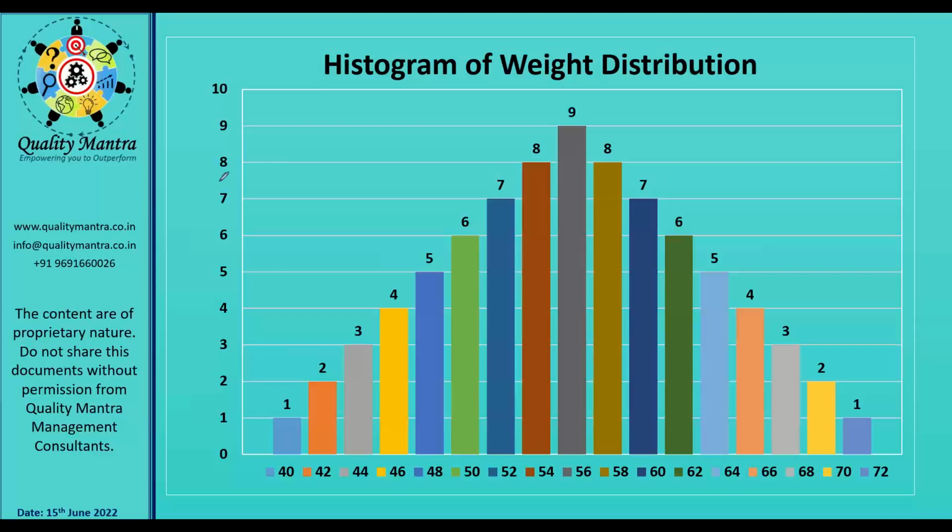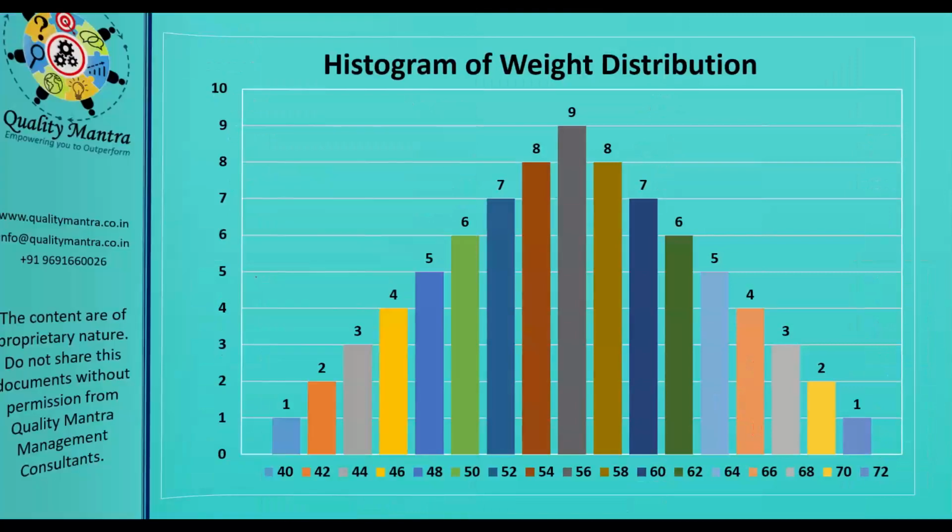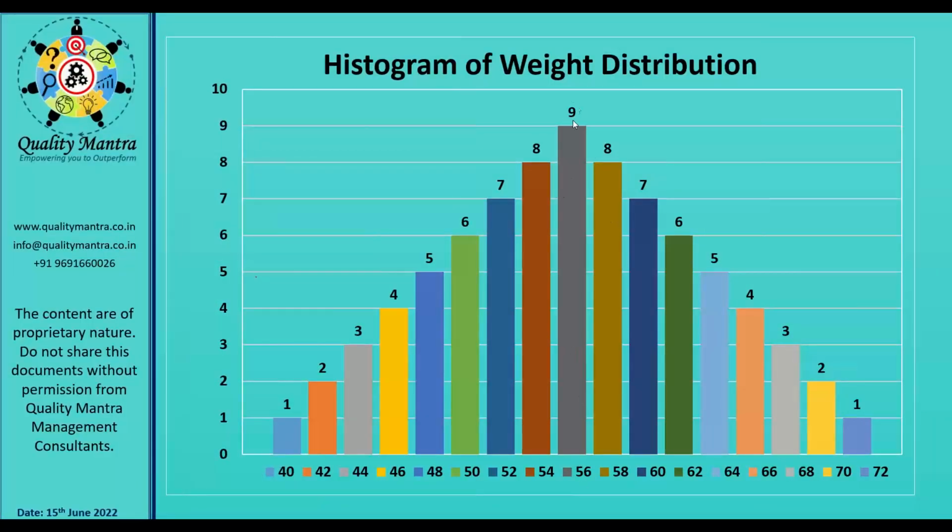For that purpose you can use the histogram. Now जब हमने वो पुराना टेबल देखा लास्ट पेज पे, now this table is converted into the histogram. Now you know the weight 56 has appeared 9 times, the weight 54 and 58 has appeared 8 times. इस तरह से आपको इजीली विजुअलाइज हो गया कि कौन सा कितनी बार आ रहा है.